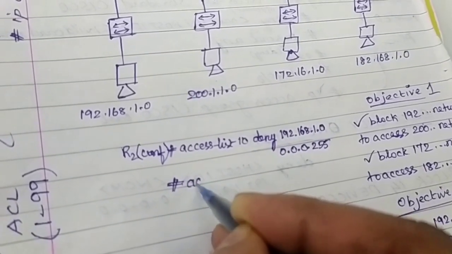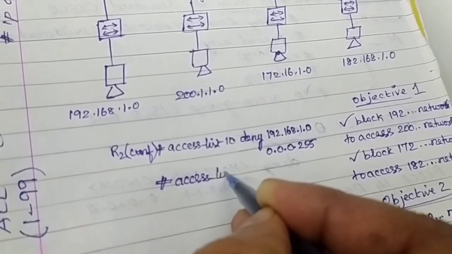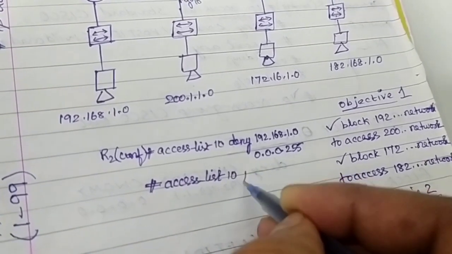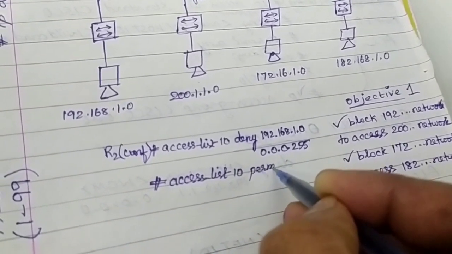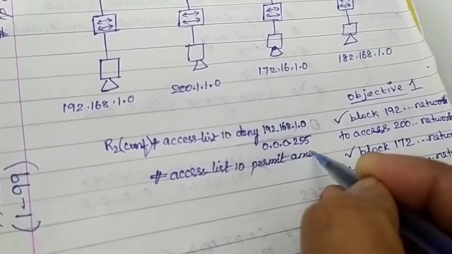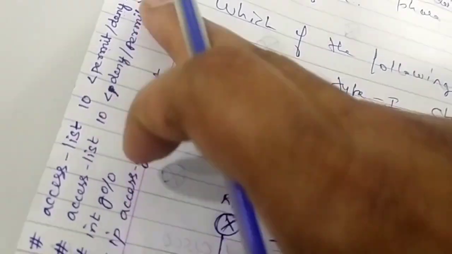Next, what we need to give is access-list 10 permit any. In the first line I gave deny, so in the second line you have to give permit any. It is the same thing.